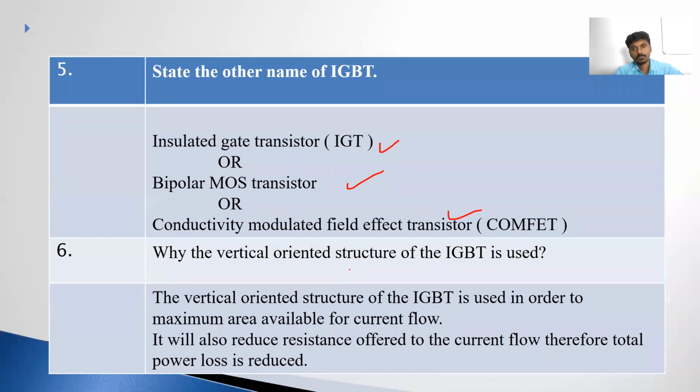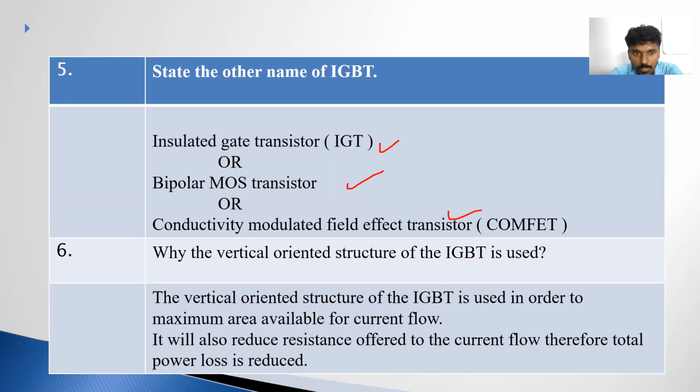Okay, why is the vertical oriented structure of the IGBT used? It is a short type answer. The vertical oriented structure of the IGBT is used in order to get maximum area available for the current flow. So it will also reduce the resistance offered to the current flow. Therefore, total power loss is reduced.